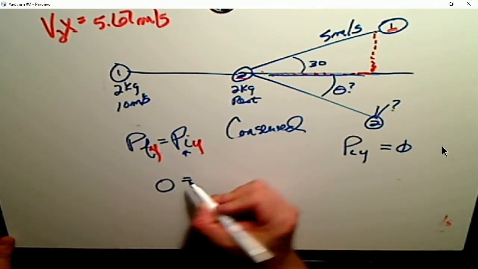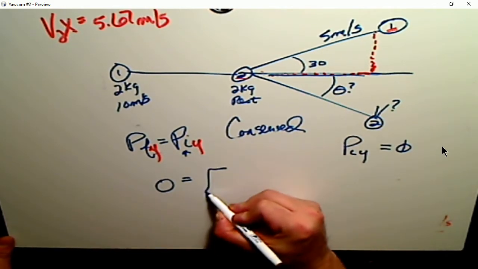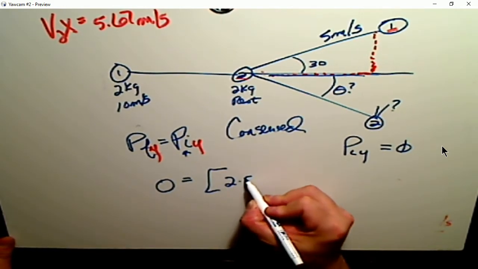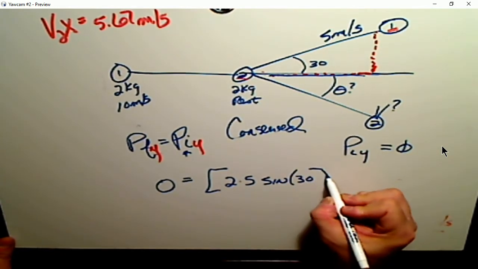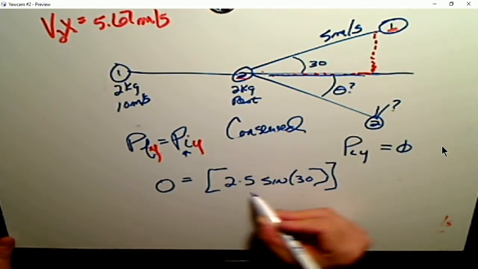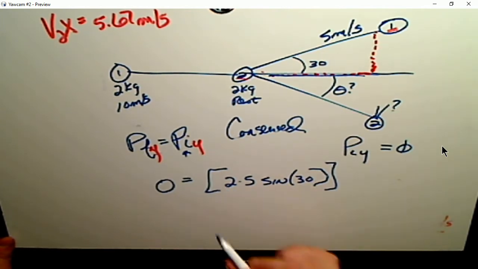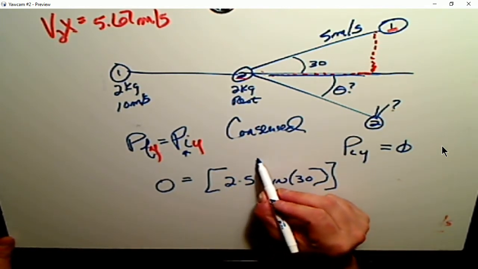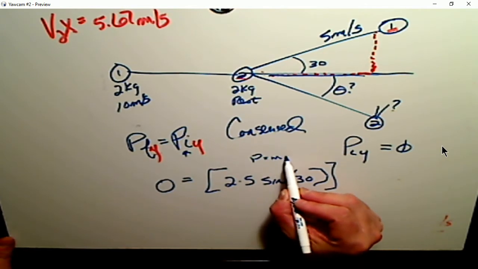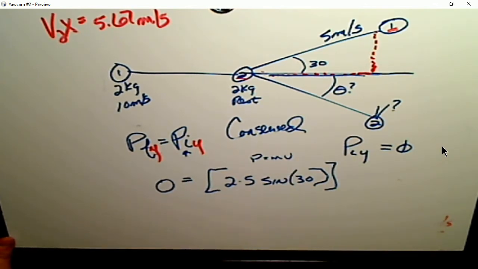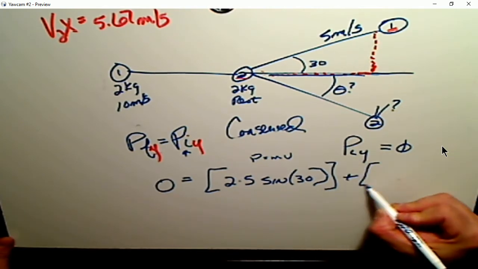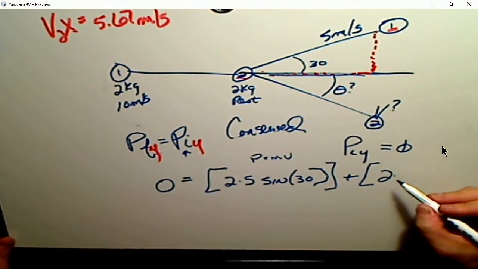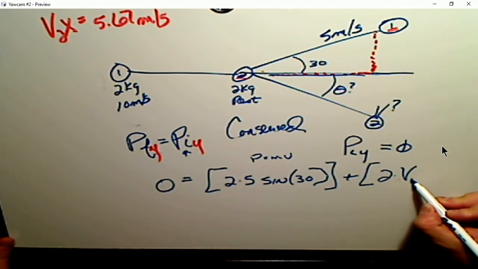0 is equal to the momentum of the first one in the y direction, sine of 30 times 5 times, of course, the mass, P equals mv. Remember that. Plus 2 times velocity of ball 2 in the y direction.